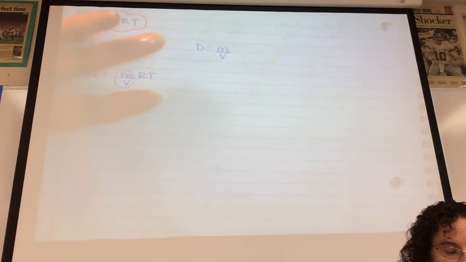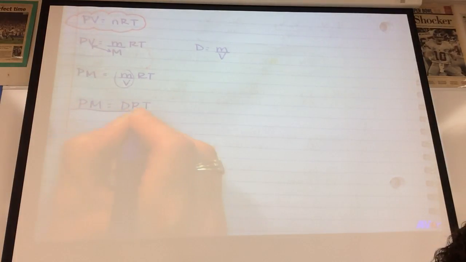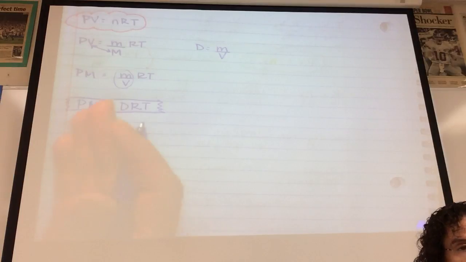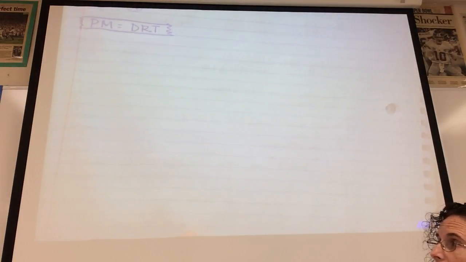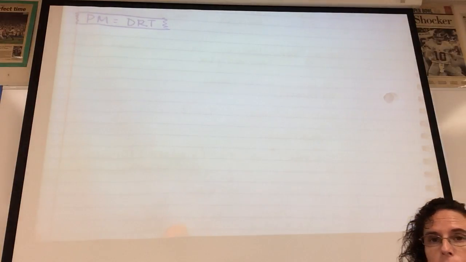So we can use this formula, and we will if we're solving for density or density is given and you know the gas. So in problem 4, you're going to see the usefulness of this particular formula.